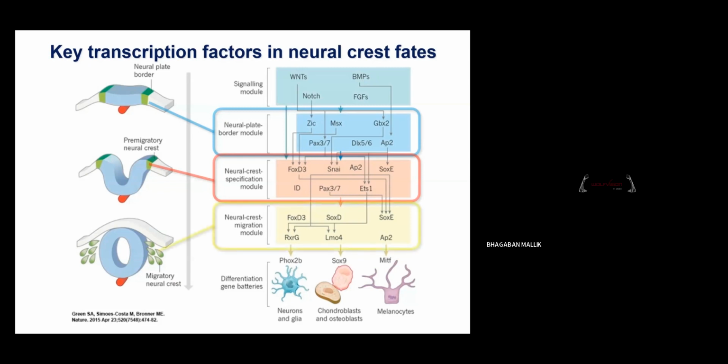Now the final stage is the neural tube closure stage. You have generation of the neural tube, formation of the notochord, and migration of neural crest from the neural tube. Then you have expression of these transcription factors, and some of the transcription factors overlap.